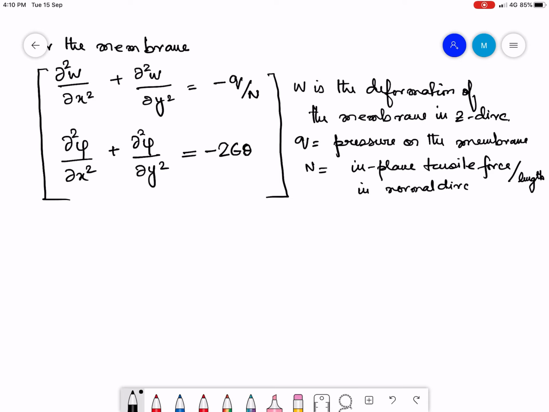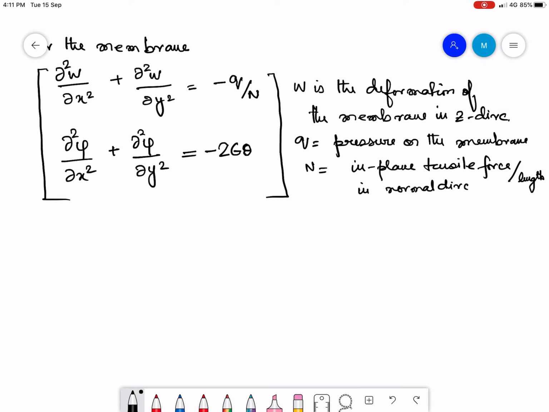Okay. Now, this is a great experimental study that we can do. We can always have a thin membrane, cut it out in the shape of the cross section of the shaft, support it along the edges, and apply the tensile force and the uniform pressure.